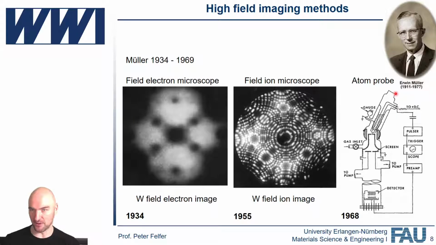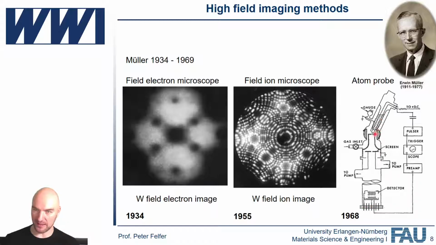It's called atom probe because Mr. Müller was so impressed by Castaing's electron microprobe that he wanted to call his atom thing also a probe, even though we're not using a probe. It's a field evaporation microscope, a field evaporation analyzer, mass spectrometer, or whatever you want to call it. But he called it atom probe, and we're still calling it atom probe today.